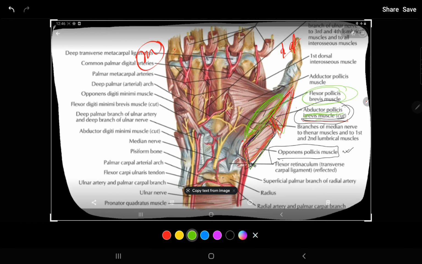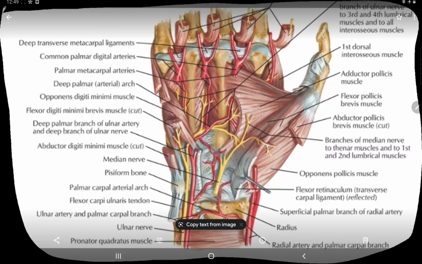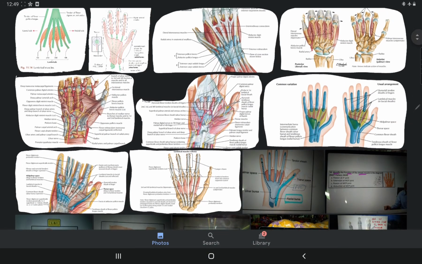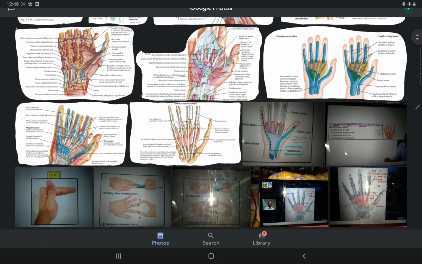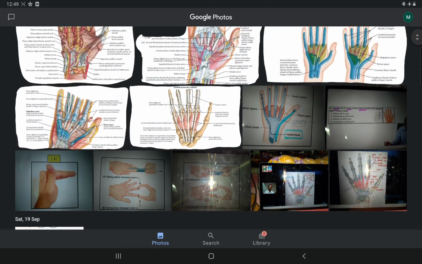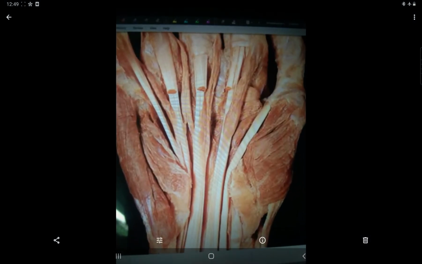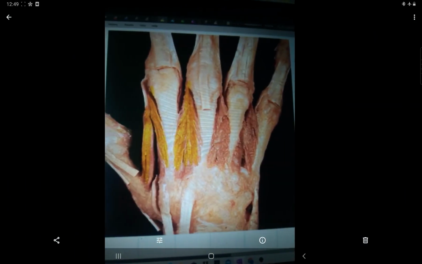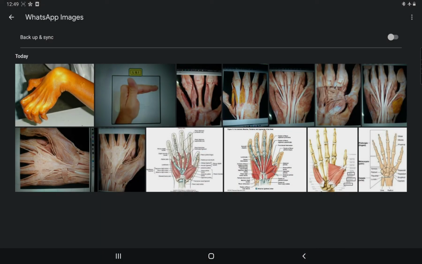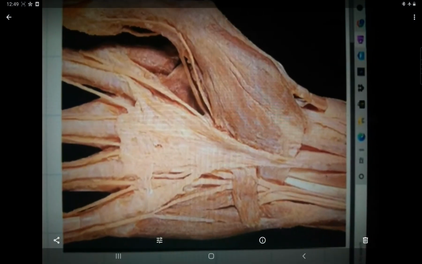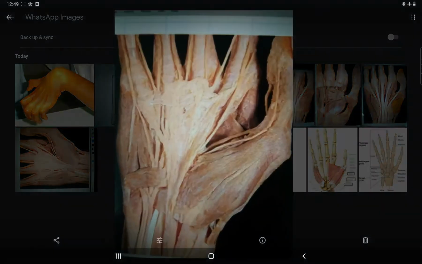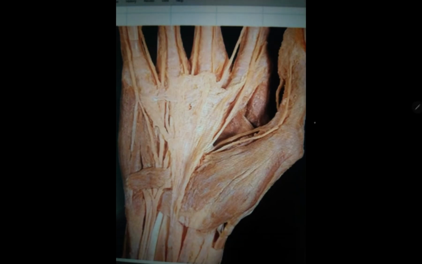Okay, so next you can see the same thenar muscles in some cadaveric images. Look here, the cadaveric images. Look at this diagram.